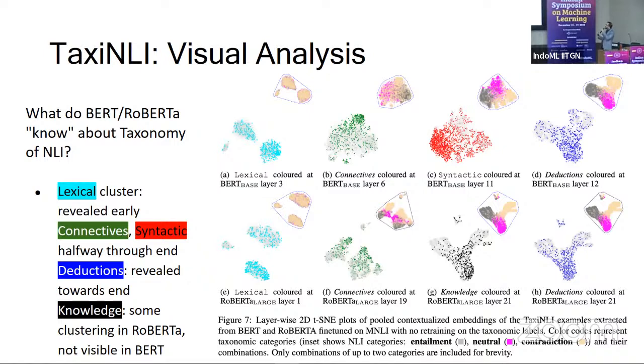The connective and syntactic clusters come up midway, around BERT layer 6, and this is very similar for RoBERTa as well. And for deductions and knowledge, we don't see clear clustering for knowledge in BERT, but there is a clustering for knowledge in RoBERTa. So this conclusion was very interesting: these models are not able to perform this type of reasoning, but they can actually deduce what type of reasoning is required.